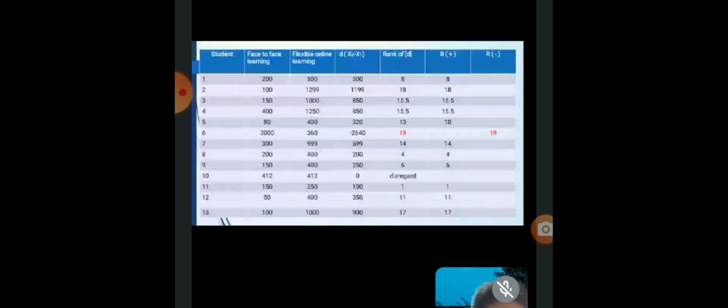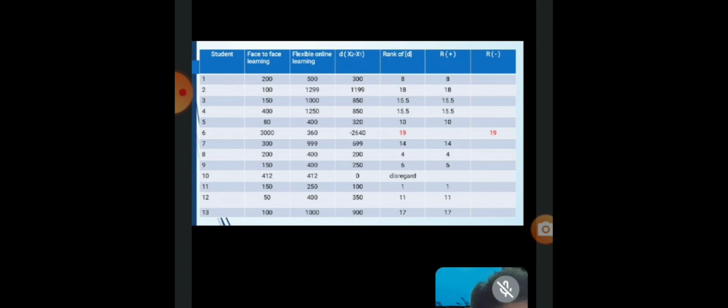Ito naman po is 600. Ang kanyang rank naman po is 13. Then 699 wala naman pong iba. Kaya ang rank po niya is 14. Next po naman is 850. Dalawa po ang 850. Ngayon po, ang places niya is 15, 16. 31 divided by 2, 15.5. Yun po ang value ng 850.